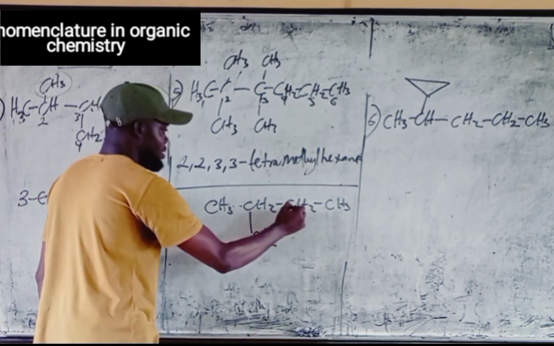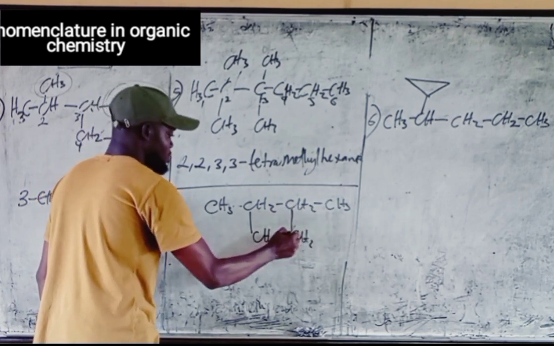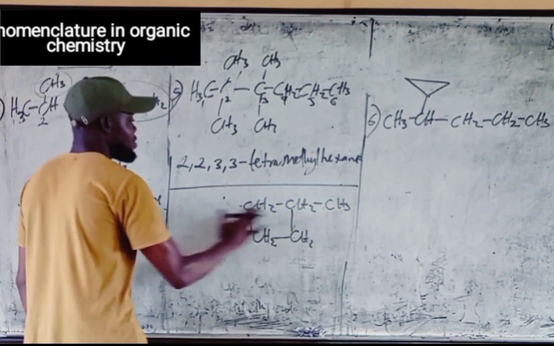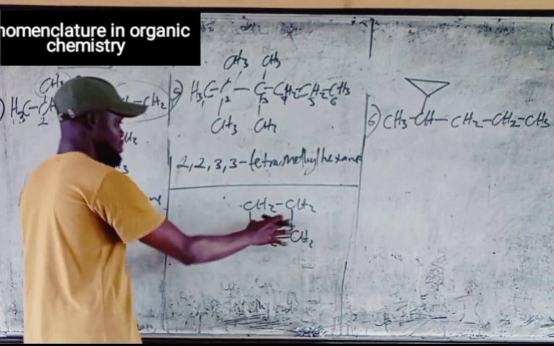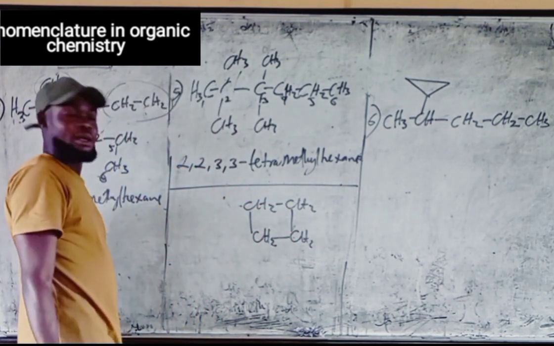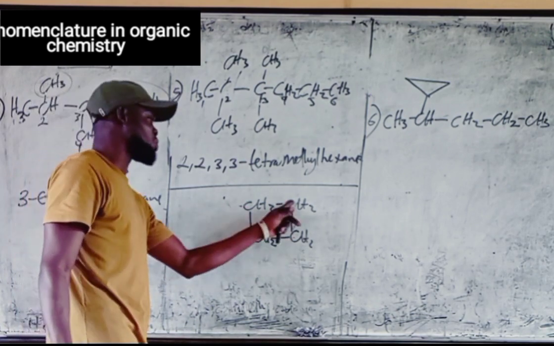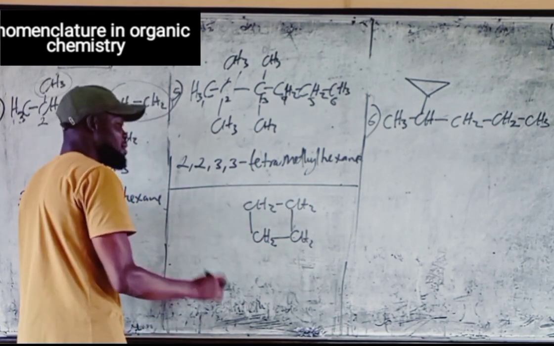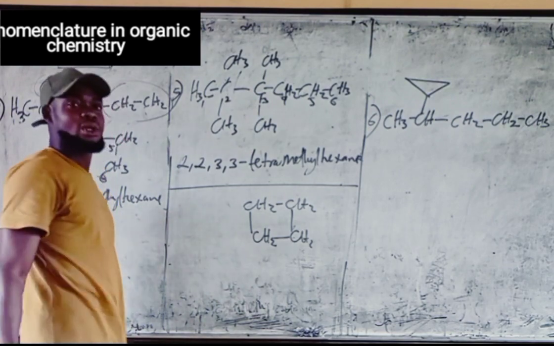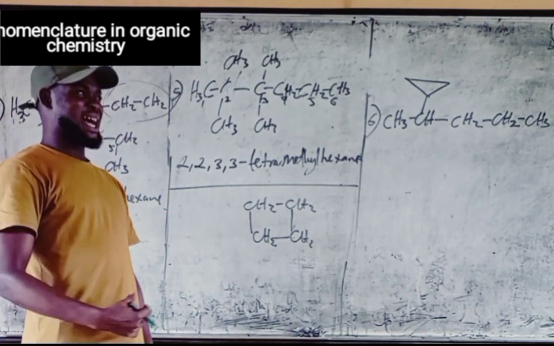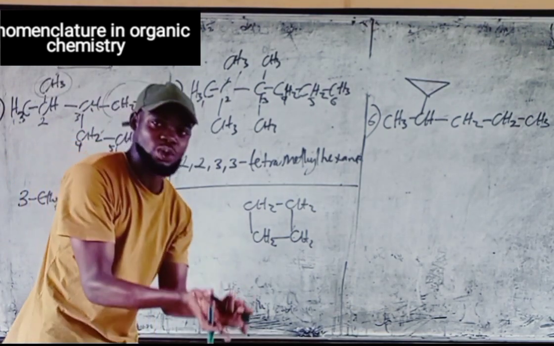I'll bring this one here, so it will be CH2, and I'll close it. So you now have 1, 2, 3, 4, still butane. But since it's a closed chain now, it is not aliphatic, it is now alicyclic. It's now a closed carbon chain.